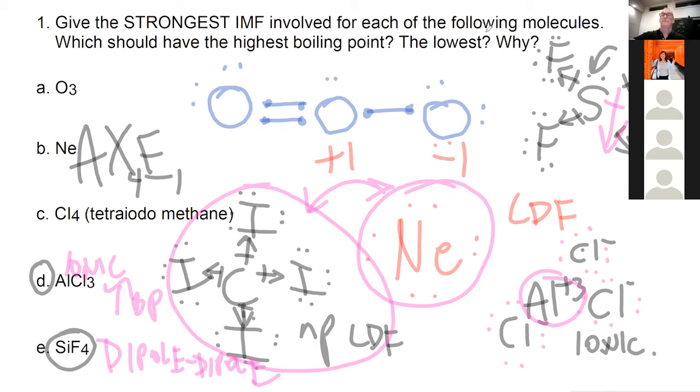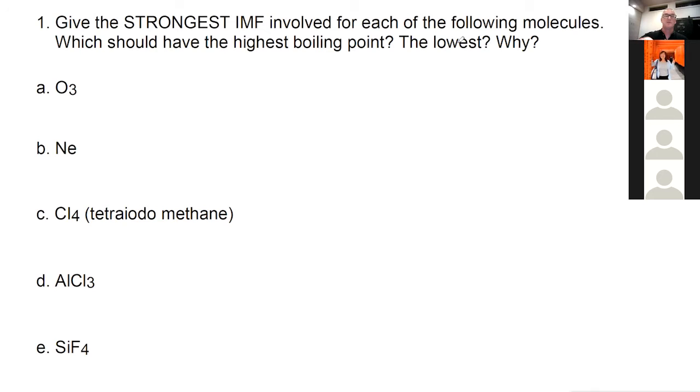Because remember, London dispersion force comes when you have a molecule, let's call it molecule X. Molecule X has a lot of electrons around it. It's much easier to gently push some of them so that you have a few more on one side than you have on the other side. So you have a very tiny, slightly positive charge on one side and a very tiny, slightly negative charge on the other.